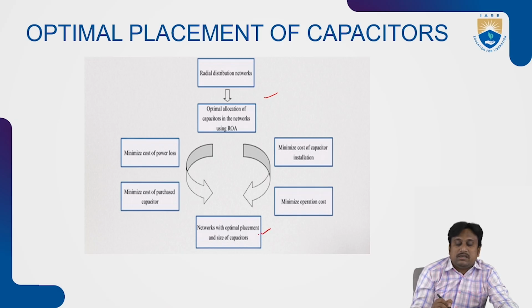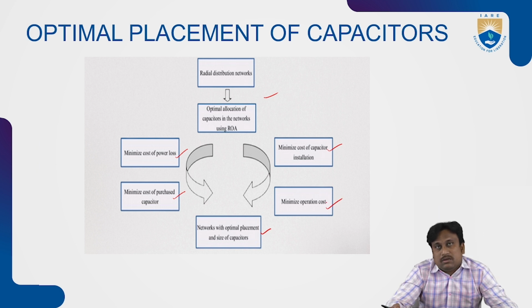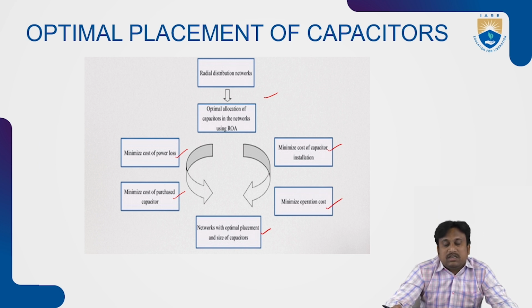Optimal placement and sizing is to be selected based on the availability of the load, nearer to the load centers, which will minimize the cost of power loss, the cost of purchased capacitors, the cost of capacitor installation, and the operational cost. All these are beneficial features of this whole system. Because of that we can generate more output from the whole system. By that the cost of generation will be reduced, and purchased capacitor cost is also reduced.